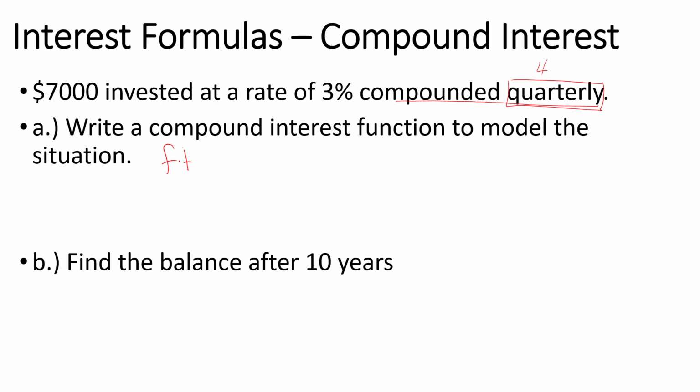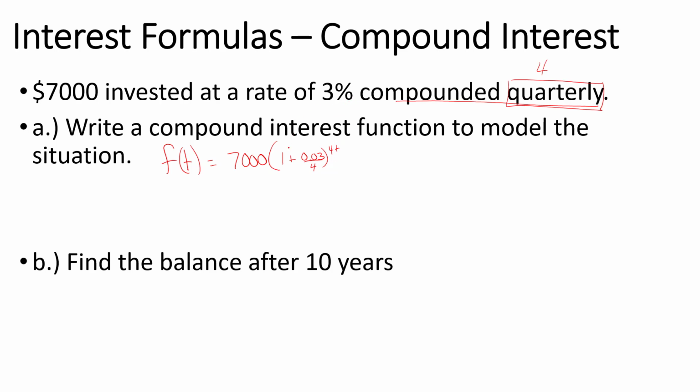Function would be f of t is equal to 7,000, which is our starting value, times 1 plus 0.03 divided by 4, because we're taking our compounding quarterly, raised to the 4t.